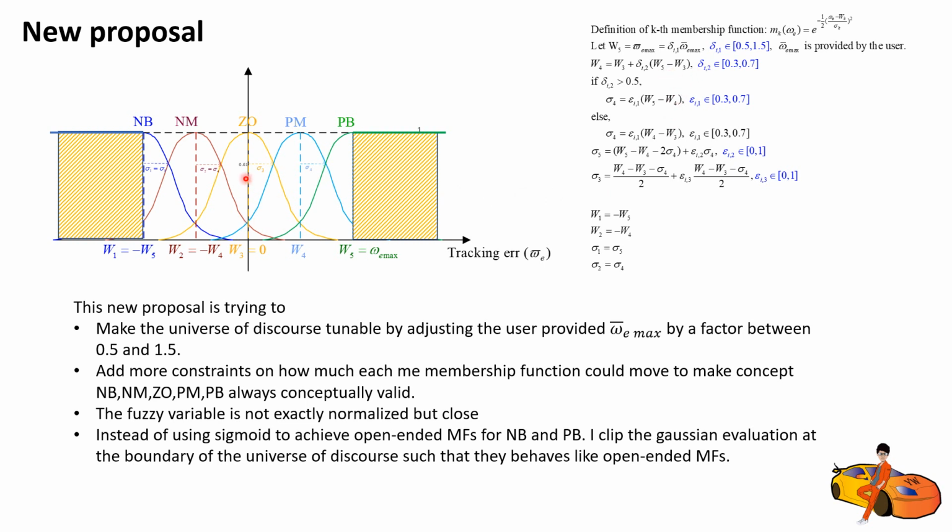So I could place omega 4 in between omega 3 and omega 5. When it is 0.5, omega 4 is put at the middle between omega 3 and omega 5, and when it is larger than 0.5, the center of PM is closer to the center of PB.